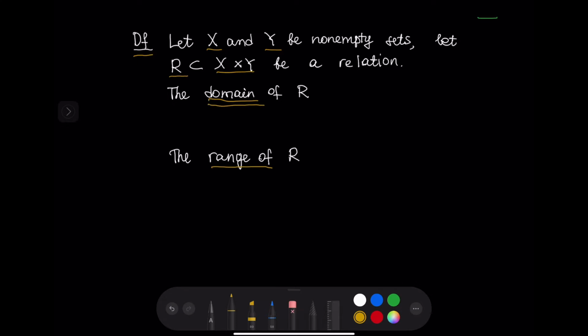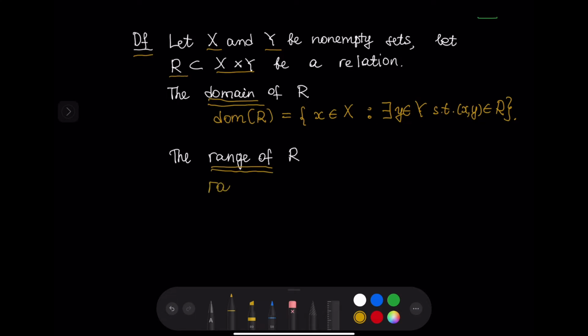So the domain of R, which is denoted by domain of R, is the set of all elements x in X, such that there exists y in Y, such that (x, y) is in R. The range of the relation R, denoted by range of R, is the set of all elements y in Y, such that there exists an x in the set capital X, such that the ordered pair (x, y) is in R.